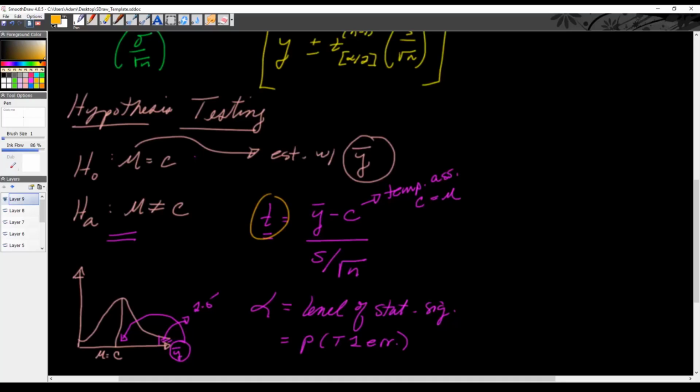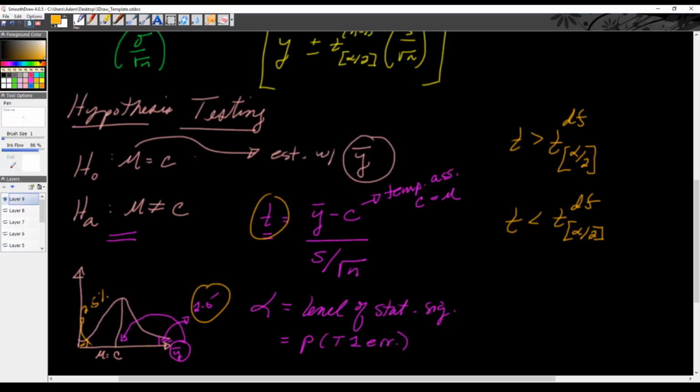So if we solve for t and we see that t is greater than the critical t value that includes alpha divided by 2 in the upper tail, 2.5%, or if we see a t that is less than the critical t value, that puts 2.5% in the left tail, we can reject the null hypothesis.